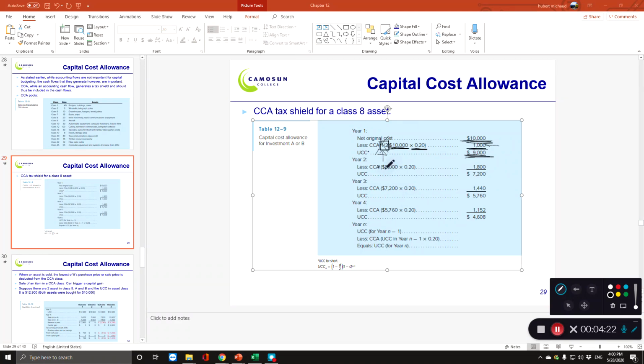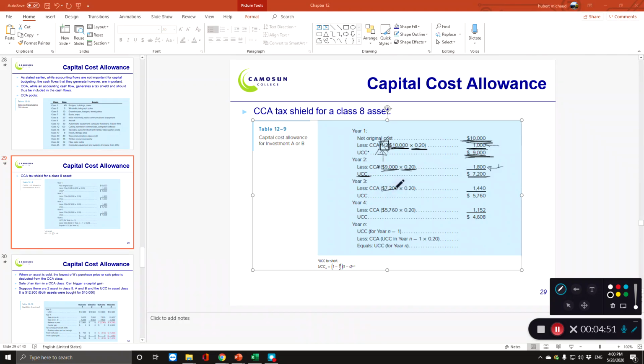Now that $9,000 will depreciate at a rate of 20%, so I'm going to be able to report 1,800 as depreciation, or amortization, for the year. My new undepreciated capital cost for this asset pool will be the 9,000, from which I subtract 1,800. It's going to be 7,200.